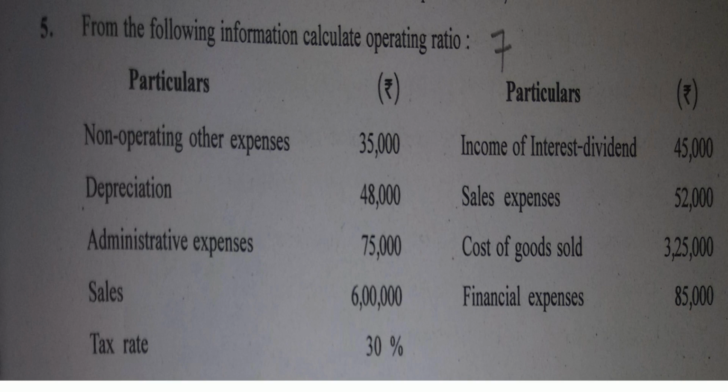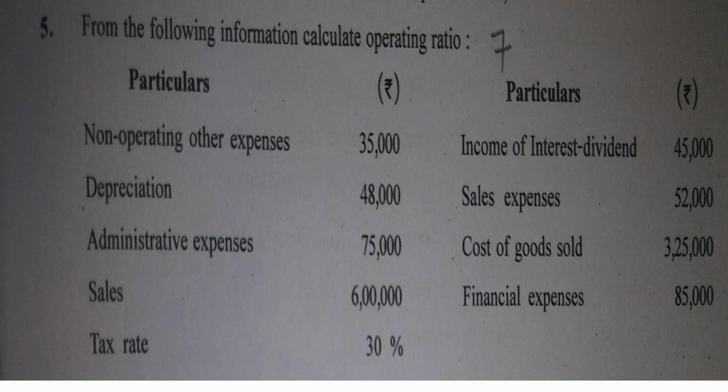So the information is given here. Non-operating other expenses, depreciation, administrative expense, sales, tax rate, income of interest dividend, sales expense, COGS, financial expense.